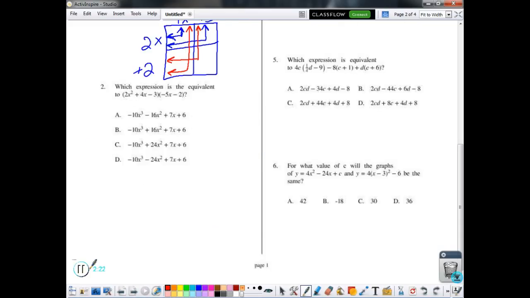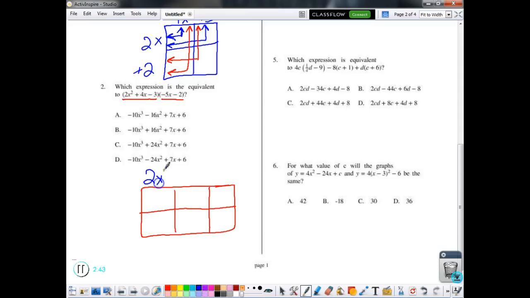Okay, number 2. So number 2, we're still multiplying, right? Alright, and now we have how many terms here? 3. So we need the rectangle, right? The 3 by 2. And so up here would be the 2x squared plus 4x minus 3.